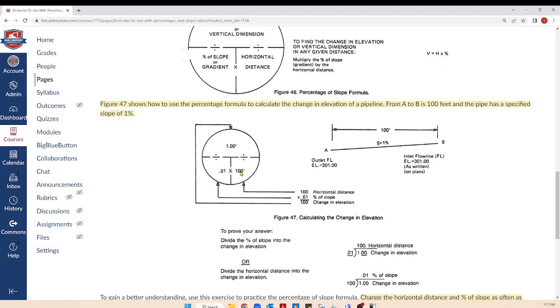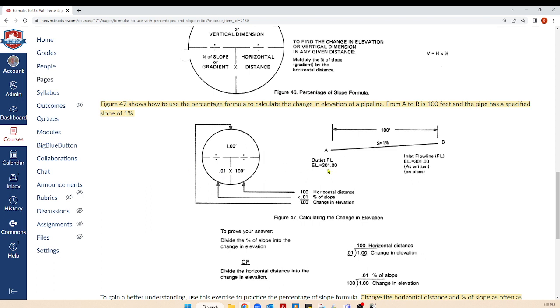And if we want to know the elevation here versus the elevation there, there's only one way to do that: take the 100 feet and put it here, and 1% is 0.01, and we put it here. If we do that, we're going to end up with a foot vertical difference.